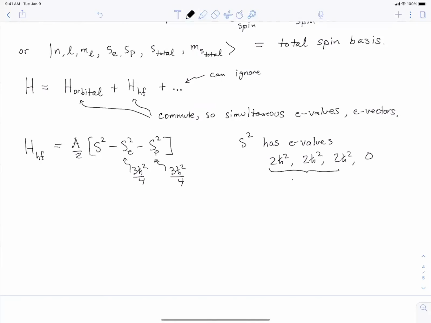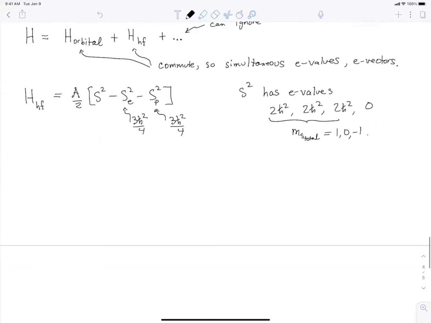And this is m sub spin total equals 1, 0, and minus 1, are those triplet states. Okay, and so right away we know the eigenvalues of the hyperfine Hamiltonian. We just plug in those numbers.